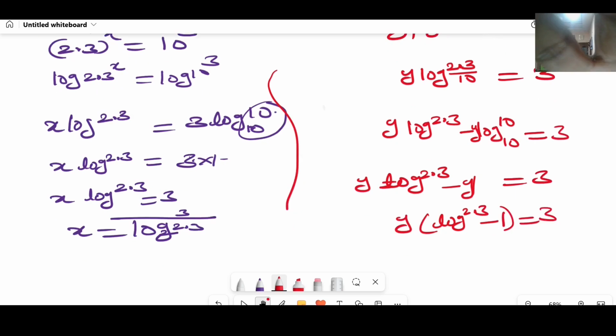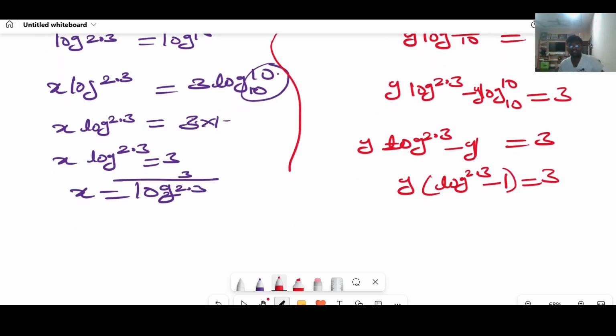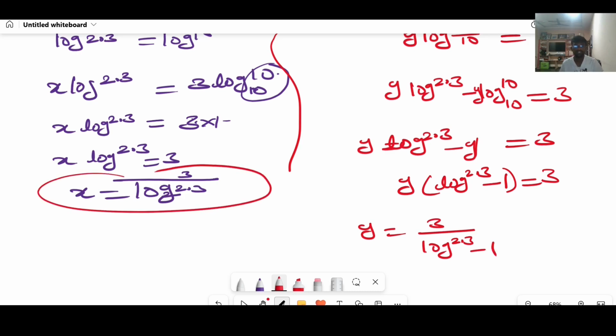Now look here, y will be 3 by (log 2.3 minus 1). x is here log 3 by log 2.3, and here we need to find out the value of 1 by x minus 1 by y.